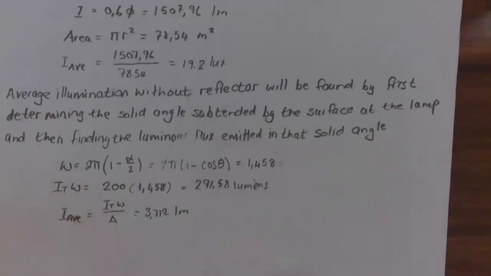And I times omega is 200 times 1.458 gives us 291.58 lumens. And the average is total illumination divided by the area. That gives us 3.1712 lux. And this concludes our examples on this illumination.